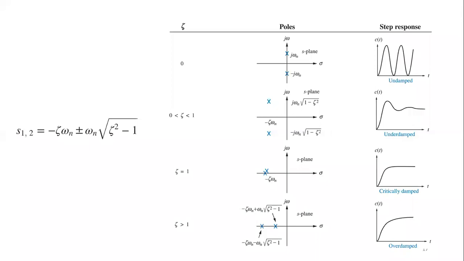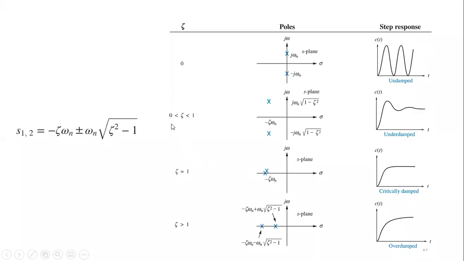The damping ratio here gives some meaning. From the damping ratio, you can predict what kind of response you get. If the damping ratio is 0, the poles are on the imaginary axis, so this is not good, you're going to have an oscillatory response.